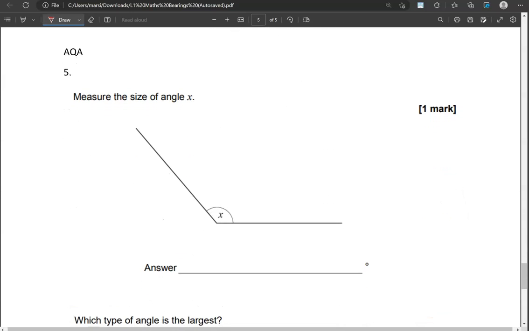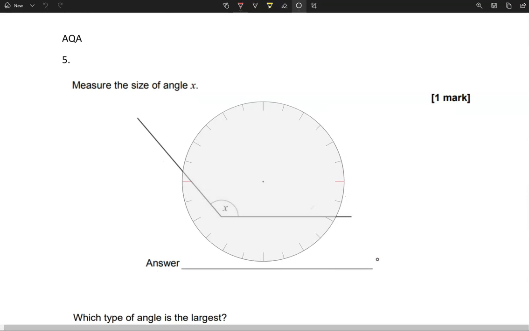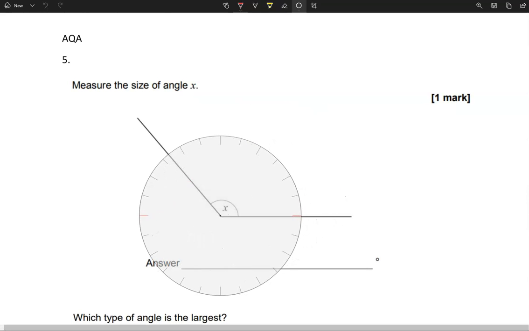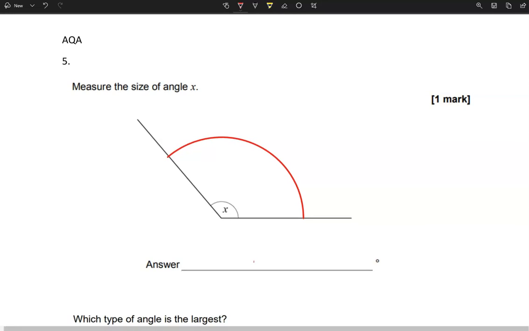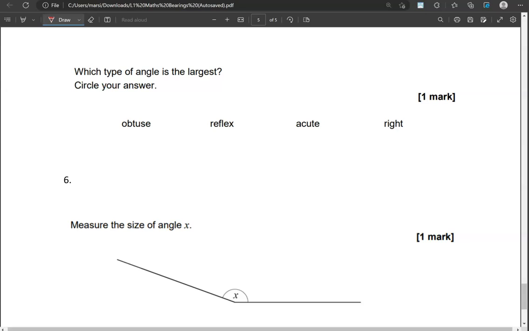Measure the size of angle X. So we'll align the protractor. So this is about 130 degrees. Which type of angle is the largest?